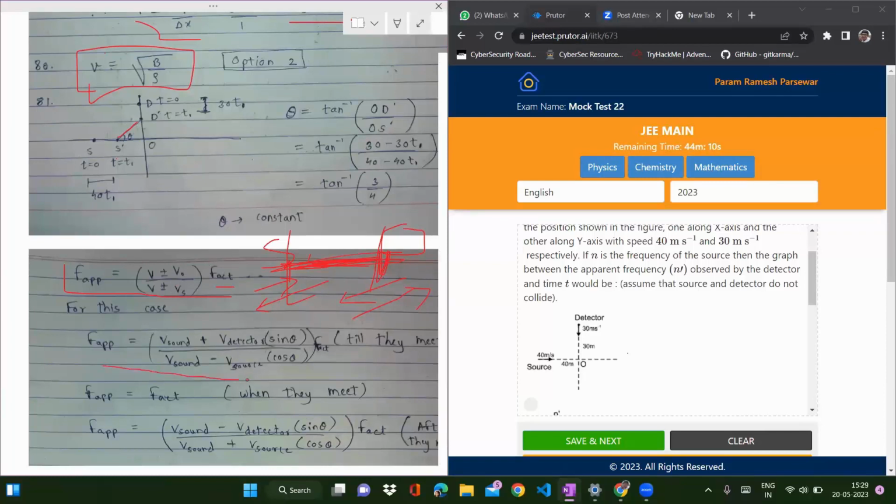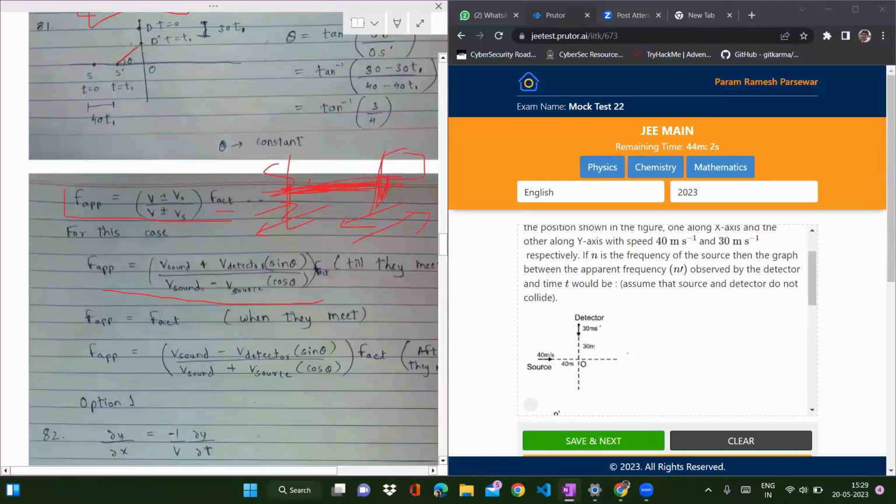When we put these values, until they meet, this condition will hold, and the apparent frequency will be this expression, which will be greater than the f actual. But at the instant when they meet, they are at the same position, so f apparent will be equal to f actual.